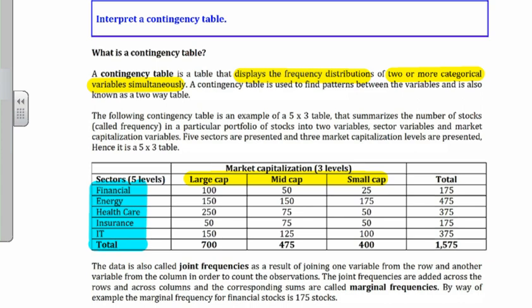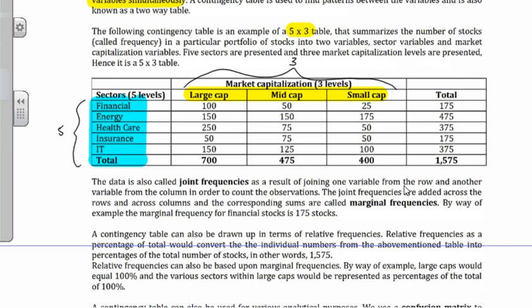Why is it called a contingency table? And this particular one would be called a 5 by 3. Why 5 by 3? Because there are 5 sectors by 3 different types of market caps. Everybody comfortable? And now we can look at everything. I said, do me a favor, can you tell me how many companies there are in the financial sector?